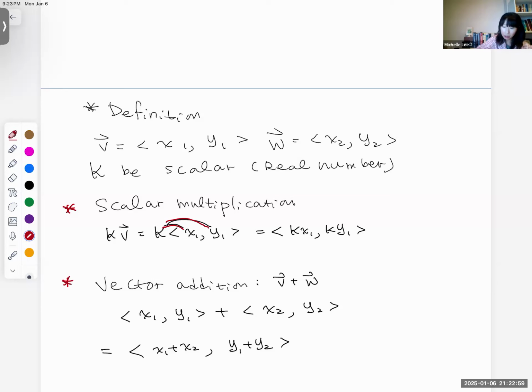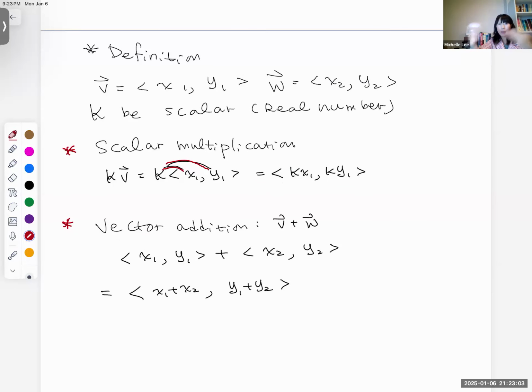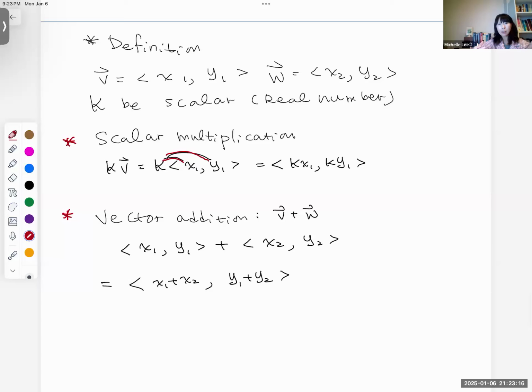And then we have vector addition. We have two vectors and we add them together, adding the x component with the x component and the y component with the y component, right? So we get x sub 1 plus x sub 2 and y sub 1 plus y sub 2.